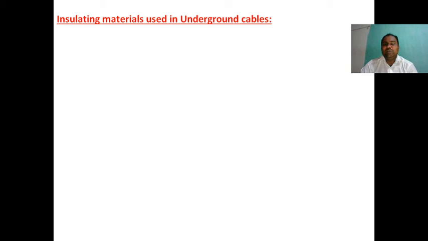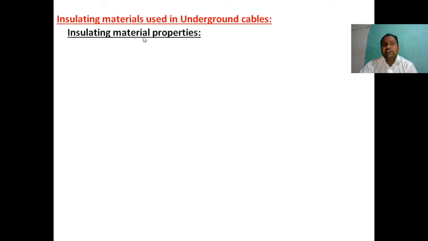The number of layers depends upon the voltage. If the voltage level increases, we use pressurized air, that is SF6 gas, and also oil. So the insulating materials are very important in underground cables. What are the different types of insulating materials? We discuss now.